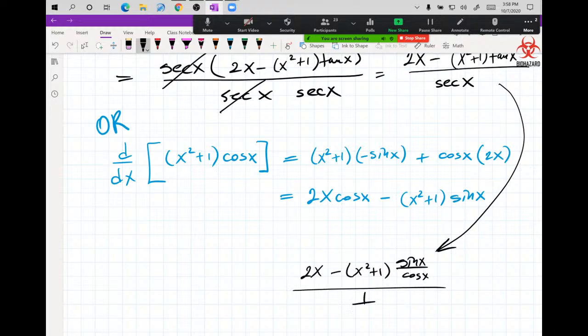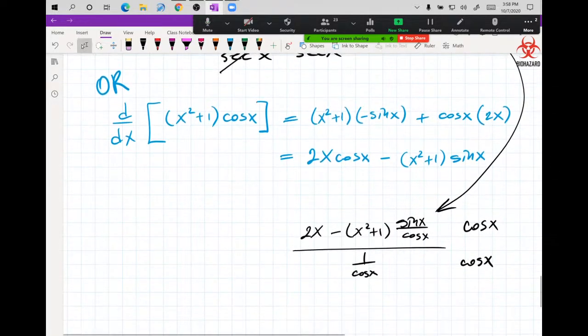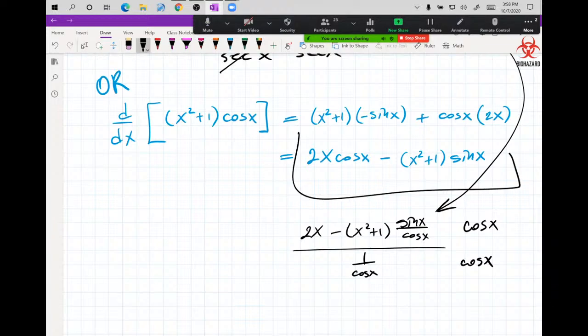And this secant in denominator is 1 over cosine x. So if you multiply top and bottom by cosine x to cancel, you get this immediately.